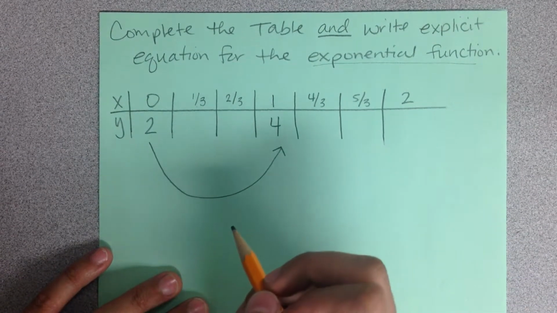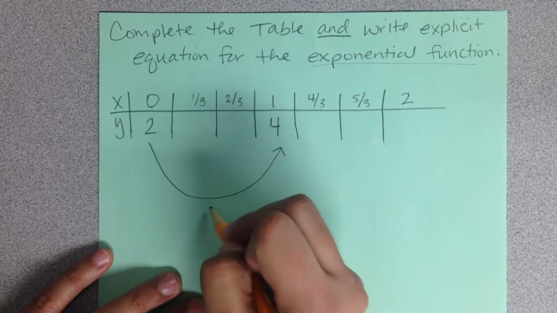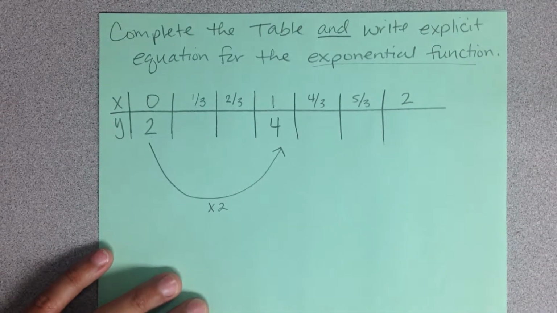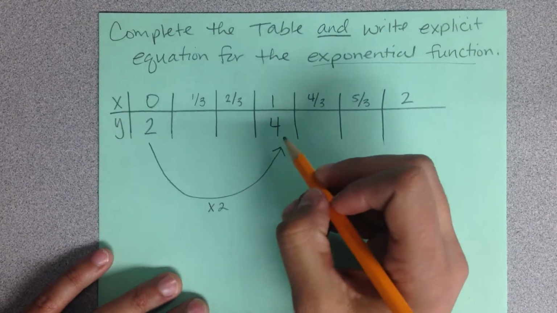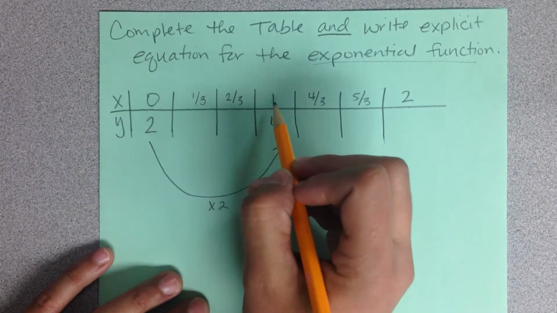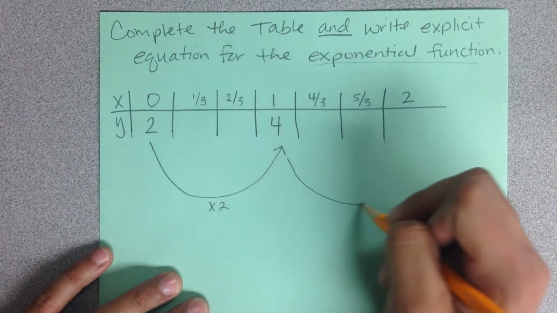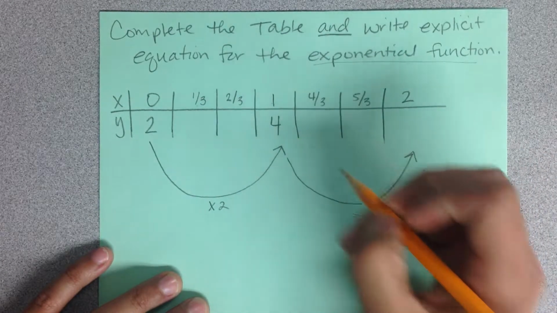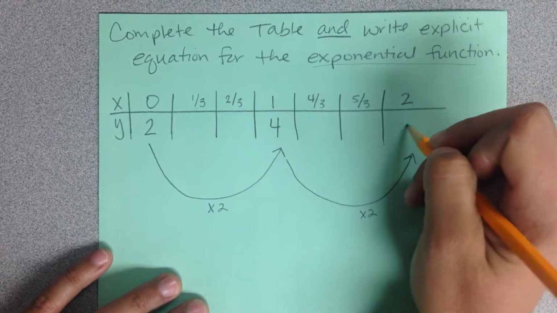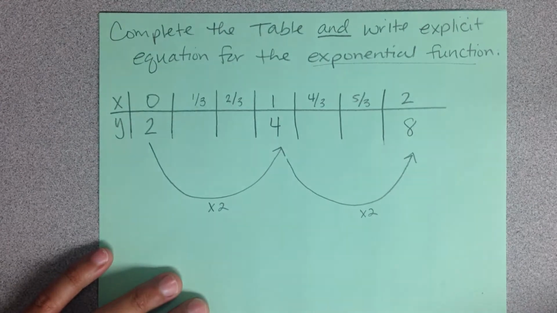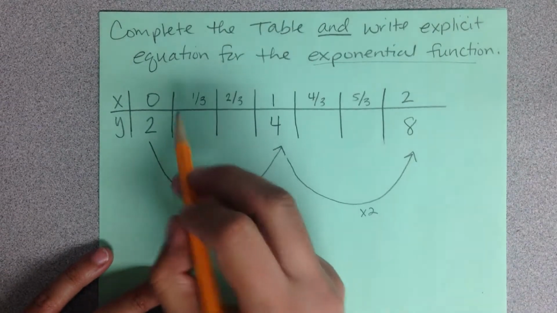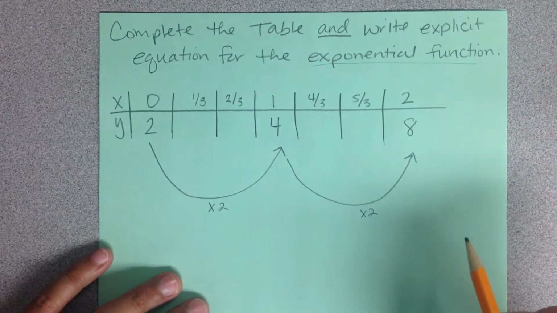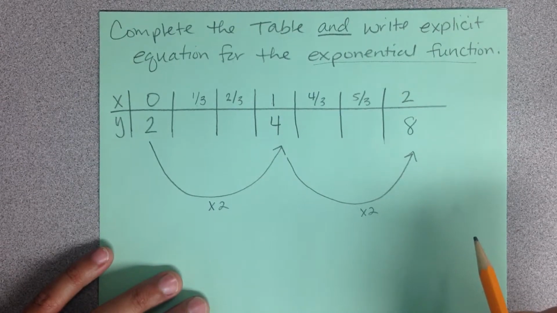What did we multiply by? From 2 to 4, we multiplied by 2. So for multiplying by 2 every whole number, from 1 to 2, we're going to multiply 4 by 2. That's how we get 8. So the first step is to fill in the whole numbers for the y values when x is 0, 1, and 2.